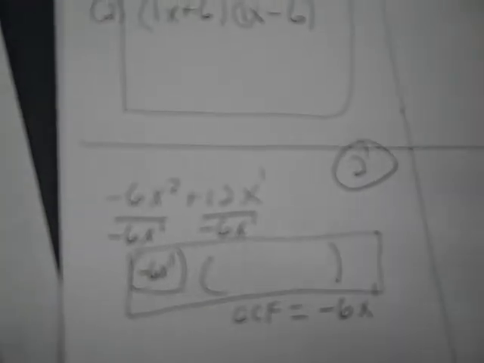So 6, okay. So I need to factor out negative 6x to the first. Negative 6x first. Negative 6x to the first, negative 6x first. Okay, so negative 6 divided by negative 6 is 1.